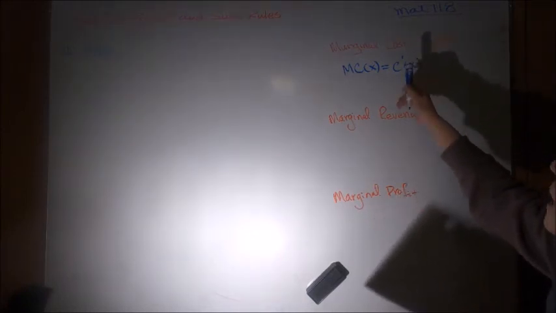Let's write down the symbols first. We use this symbol, marginal cost of x, which we call C prime of x, the derivative of the cost.